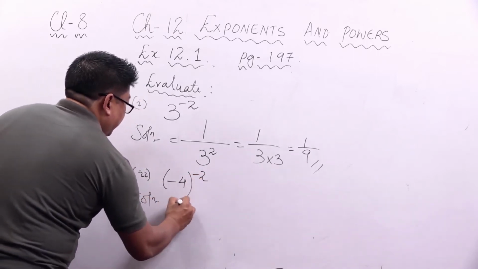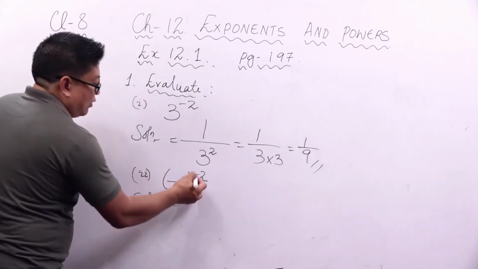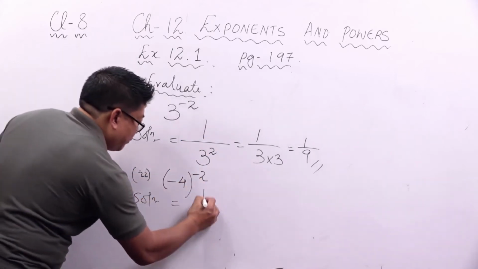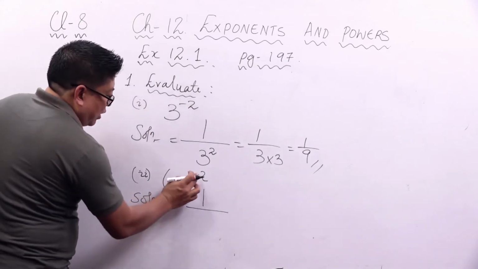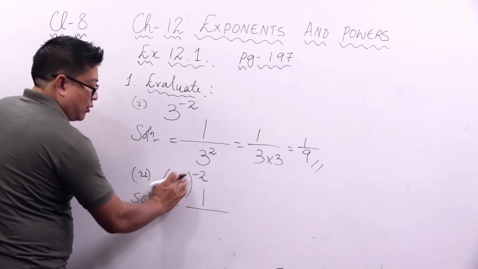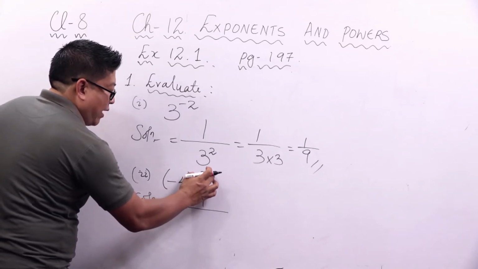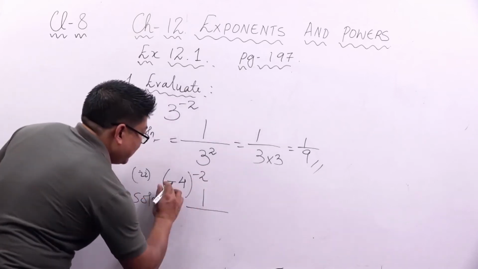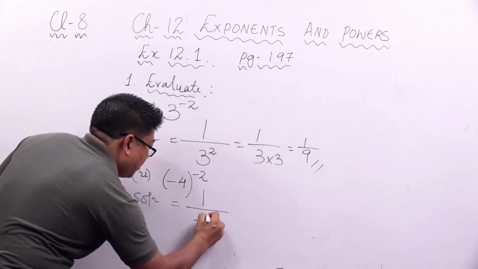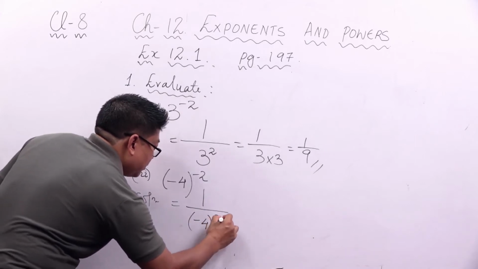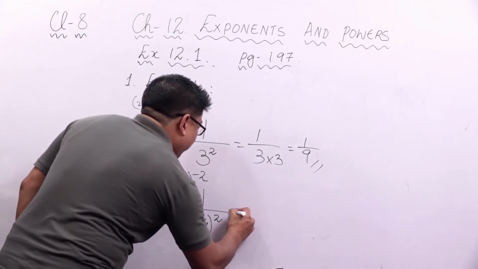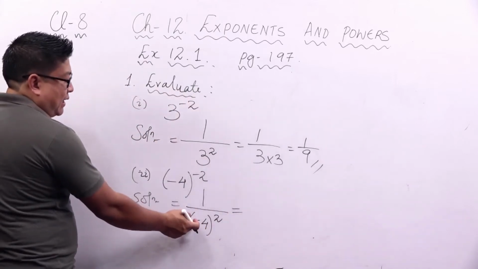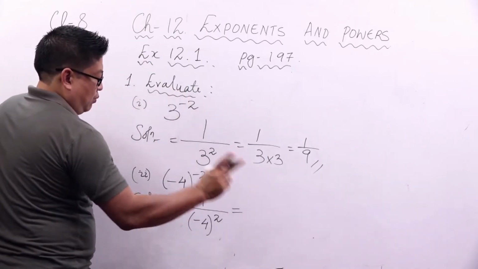The solution for this is also simple again. To remove the first minus, I put 1 by. Okay? And do not confuse this minus and this minus. They are totally different. This is the exponent, so we have removed this minus. This will remain as it is, minus 4 to the power 2. All right? Now, if you look carefully, this minus is also being multiplied 2 times.